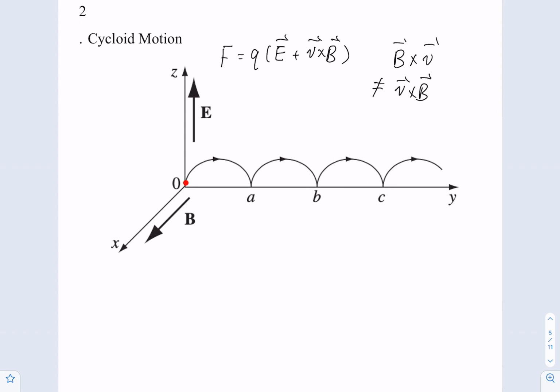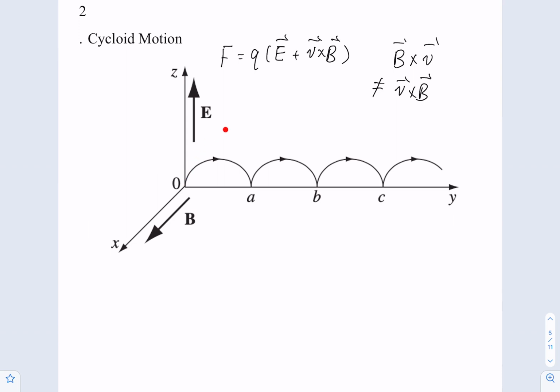You can determine the direction, right? The V is upwards, and the B is out of the screen, so the force should be to the right. Because it feels a force to the right, it will deflect the orbit to move to the right, right?